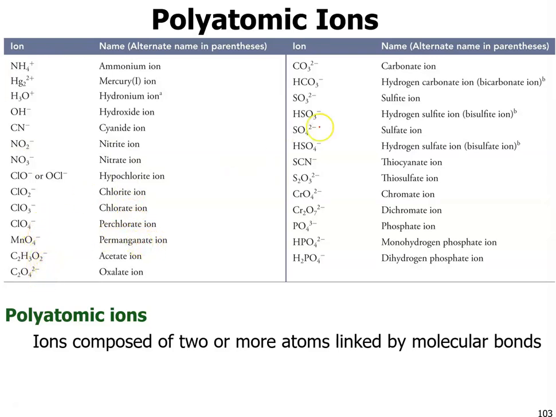We have negatively charged compounds: carbonate, sulfite ion, hydrogen sulfite, sulfate. These are all different phosphate groups, which I'm sure you've heard of as well, potentially. These are all groupings of nonmetals typically, with the exception of mercury, this mercury ion. These are mostly nonmetals that form together as multiple groupings that will sometimes form charged state ions.